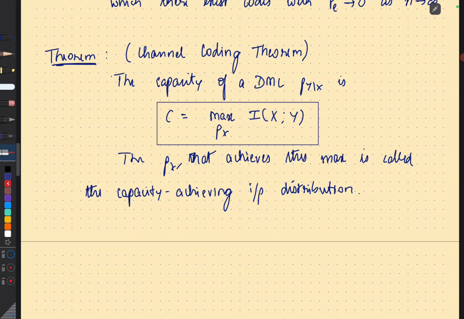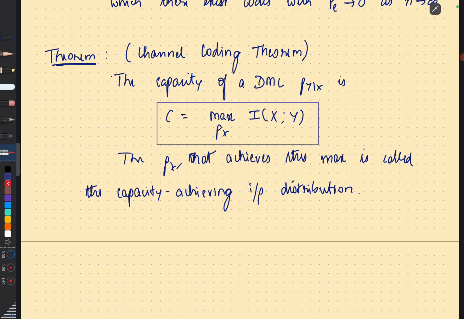Basically it means that in n channel uses, you are transmitting k bits or nR bits of useful information, which can be reliably recovered. So naturally, we would expect that the amount of useful information that you can transmit in n channel uses would roughly be the amount of information that you can recover about x^n having observed y^n. You can't really recover any more bits of useful information than that.